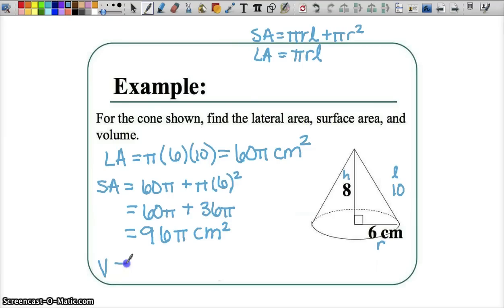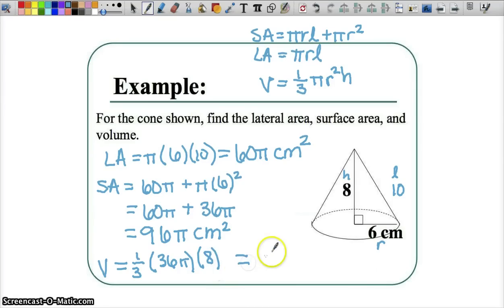Now we're looking for volume. Our volume formula, again, is 1/3 pi r squared h. So it's the area of the base multiplied by the height, and then 1/3 of that. So 1/3 pi r squared we got earlier, this 36 pi, so we can go ahead and do this, 36 pi, and then multiply by the height, which is 8.